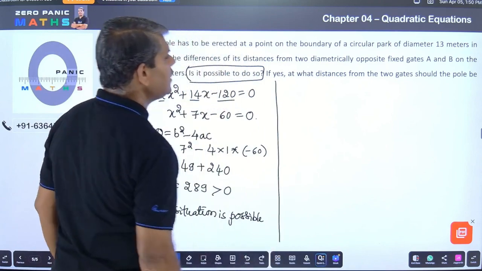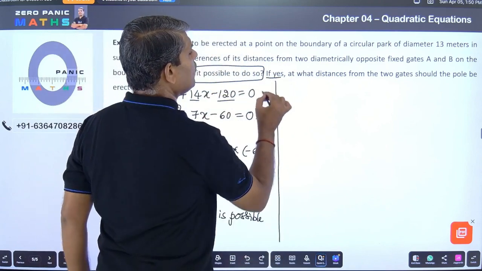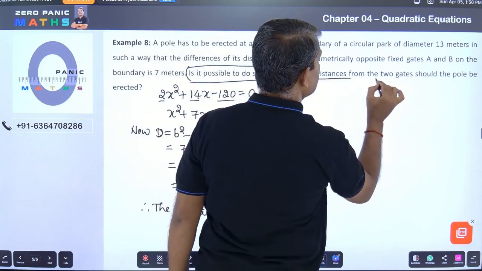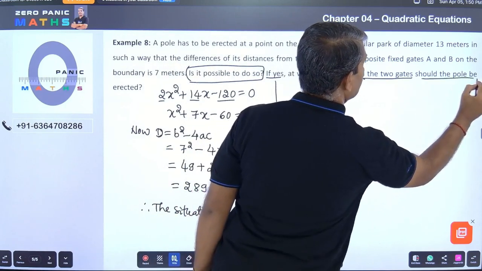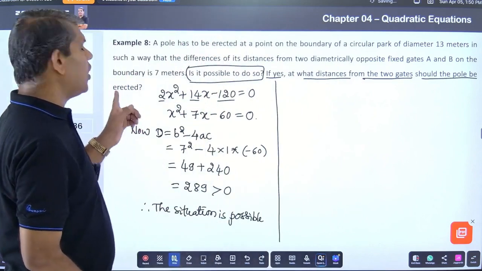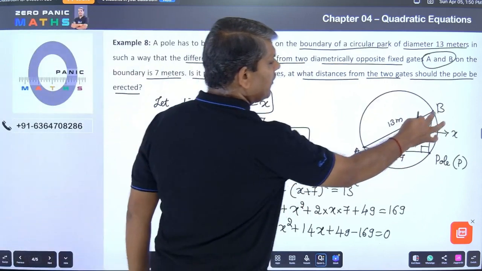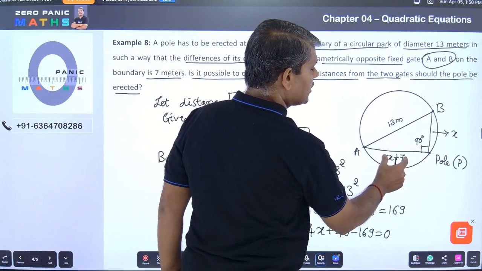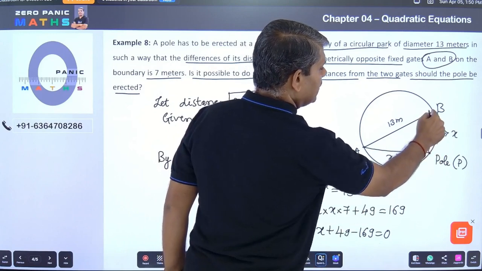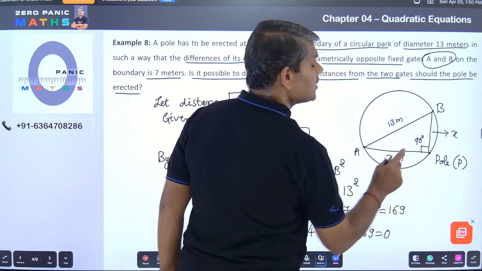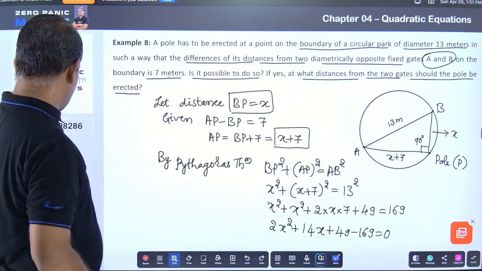If the situation is possible, then what did they ask? At what distance from the two gates should the pole be? Then we should find x, so that we can get x plus 7, and find this distance BP and this distance AP. That is our intention.